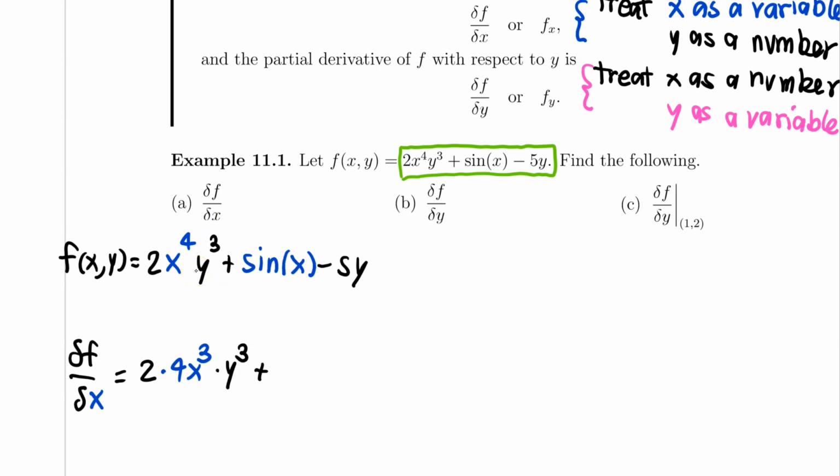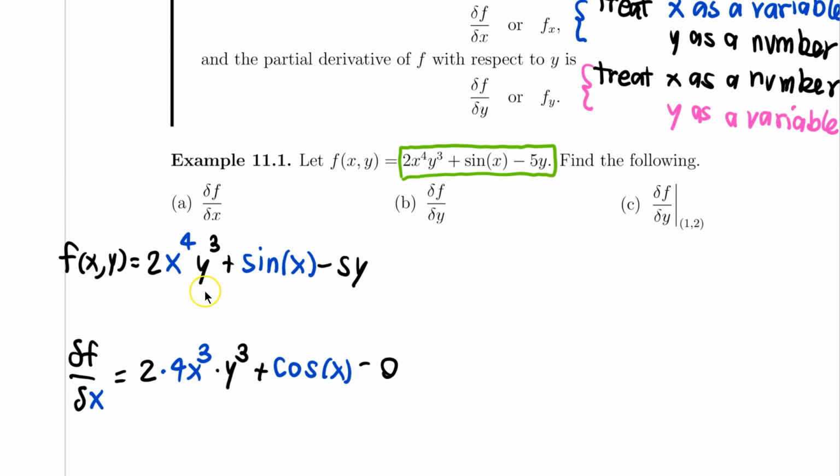Now for the next term, the derivative of sine of x is just going to be cosine of x. And for the last term, negative 5y, notice that this term doesn't have an x in it, so I can think of it as just a number, and when you take the derivative of a number, that will just be 0.